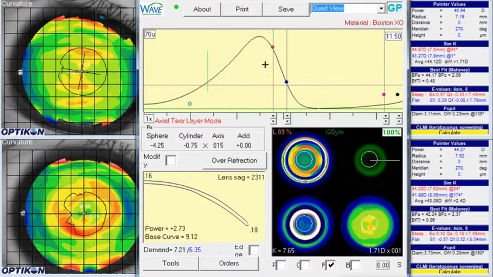So if it is a case where the lens is just too shallow, the easiest thing to do is very simply, in 100% mode, just click down here, and this will bring down the periphery of the lens.